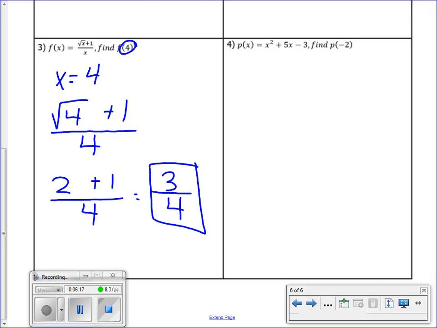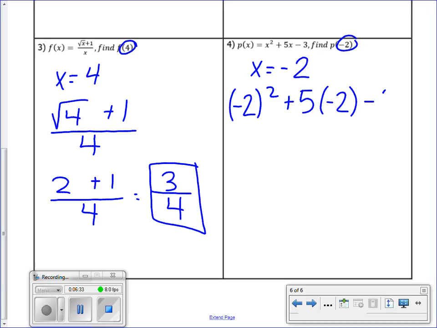Last but not least, number 4. Again, we circle the number inside the parentheses, x equals negative 2. Then we insert negative 2 for anywhere we have an x. Negative 2 squared plus 5 times negative 2 minus 3. Again, I used parentheses when I inserted that negative 2, especially because I'm squaring something.